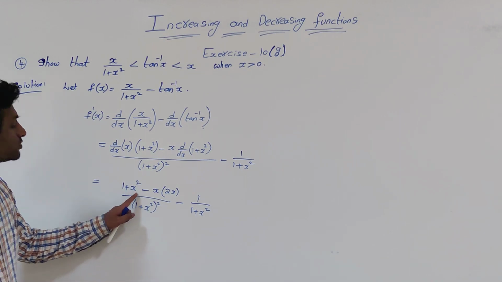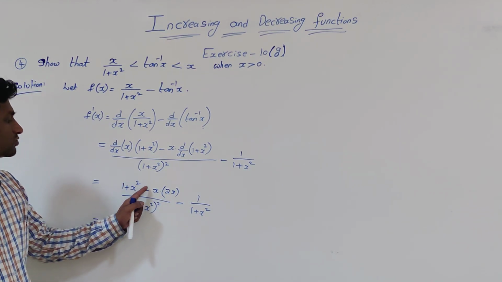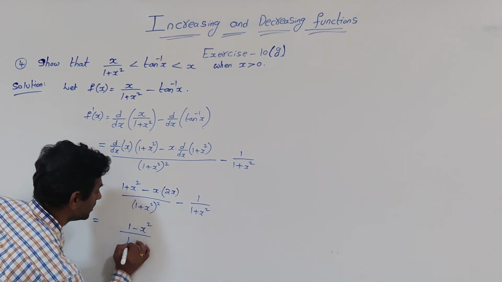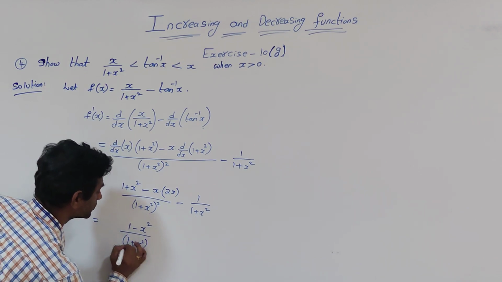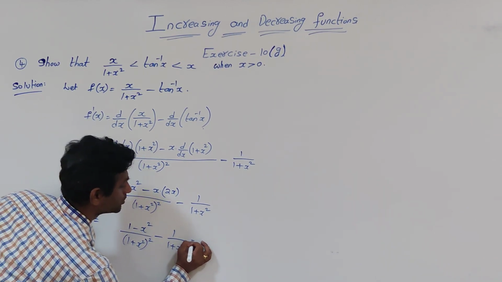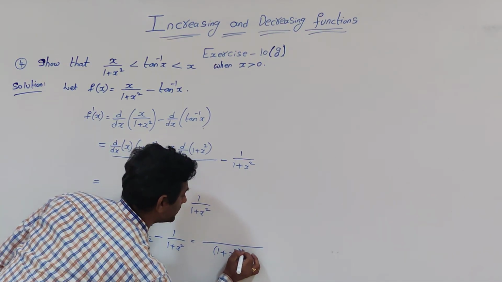So 1 plus x square minus x into 2x, which is 2x square, gives 1 minus x square by 1 plus x square whole square, minus 1 by 1 plus x square. If you take the LCM, 1 plus x square whole square is the LCM.